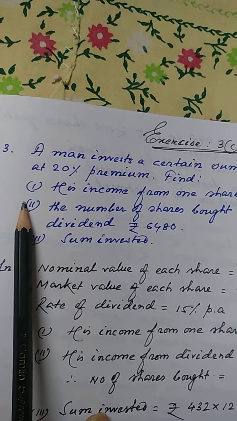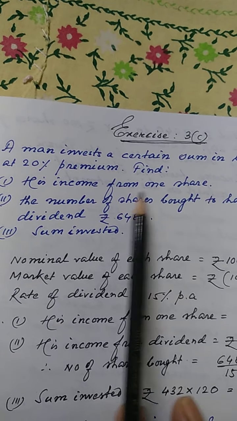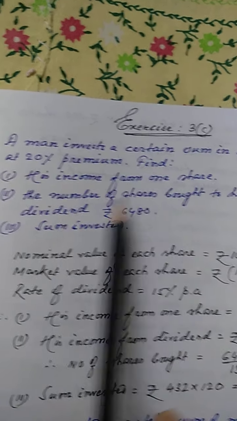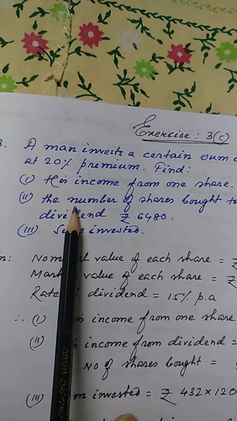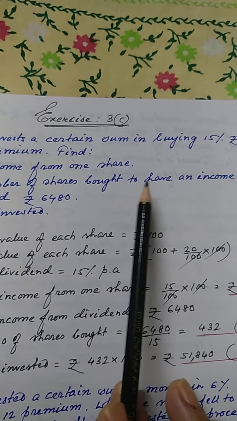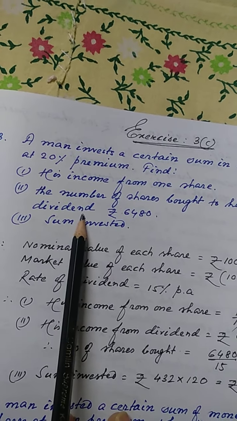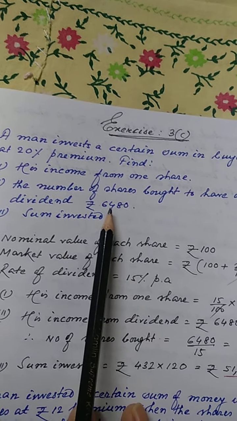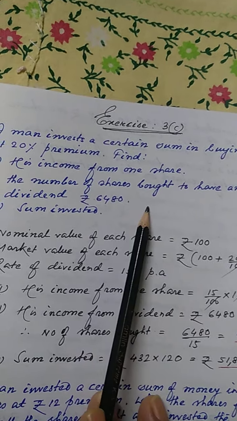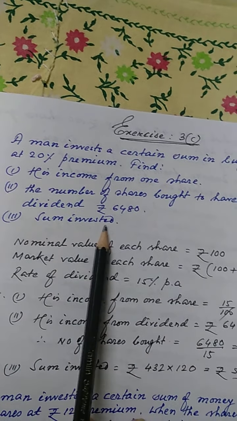Find, one, his income from one share, then the number of shares bought to have an income from the dividend of rupees 6,480, and then the sum invested.